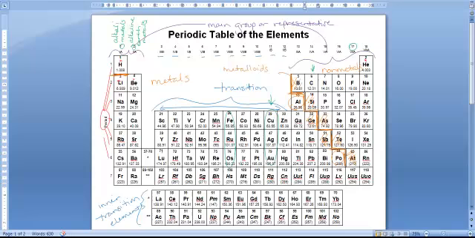Group 17 or 7A, whichever one you want to call it, this is what we call the halogens. Okay? They tend to exist as pairs in nature, so you never find single fluorine by itself. It's always F2 or Cl2 or Br2 or I2.